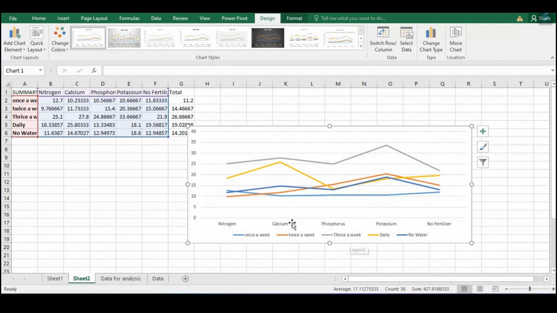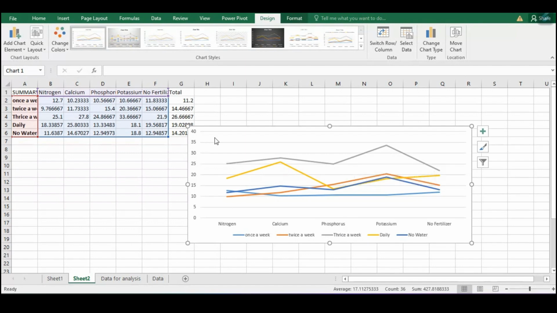You'll find that thrice a week watering, across all the types of fertilizer, will tend to lead to a higher weight. So you can see graphically that this is the highest weight that we are going to get when you adopt thrice a week. You're going to get the highest weight, no matter what type of fertilizer you use. So that is one of the things it was trying to tell us.